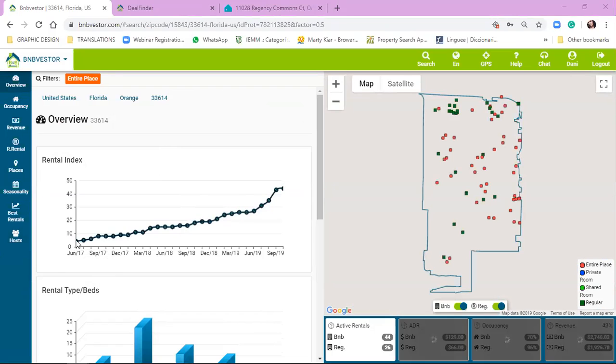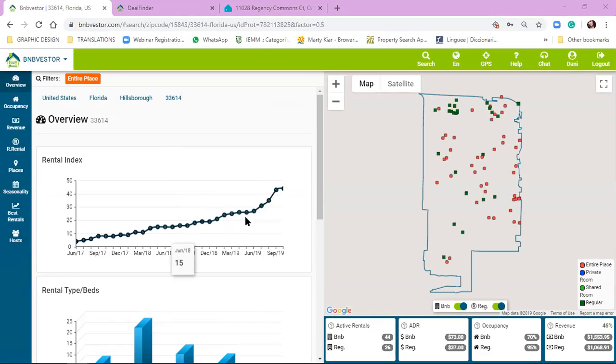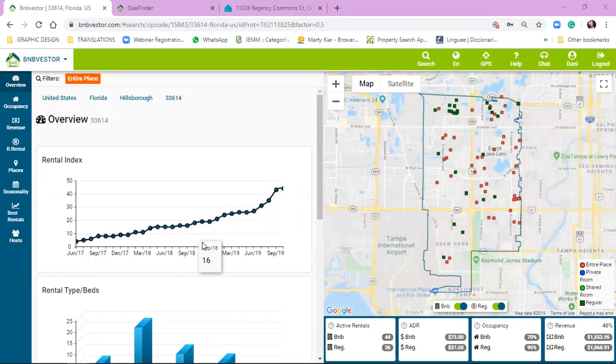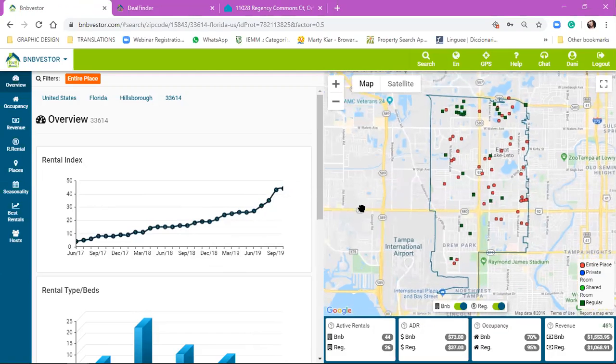We can see how it increased from September 2018 to September 2019. It almost doubled the Airbnb listings. So in this zip code, we have 44 active B&B rentals, and then 26 active regular rentals.